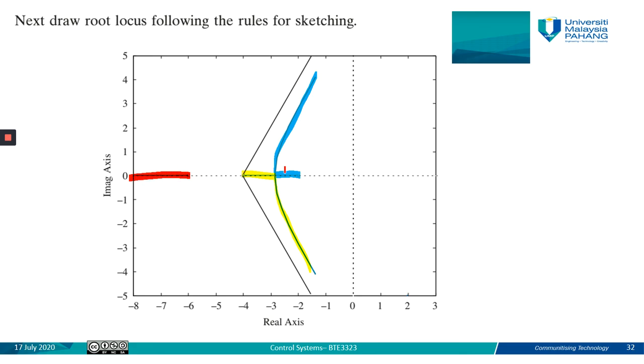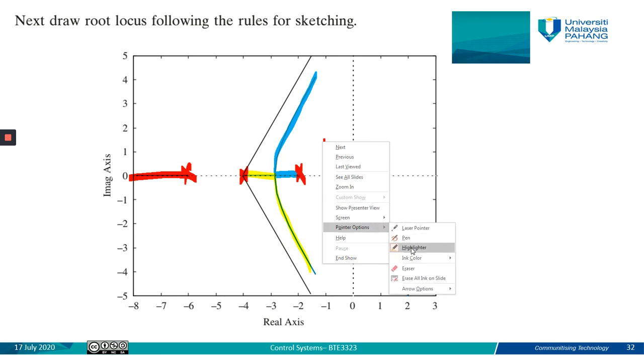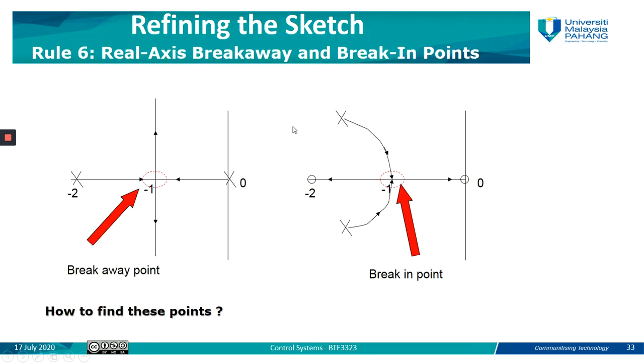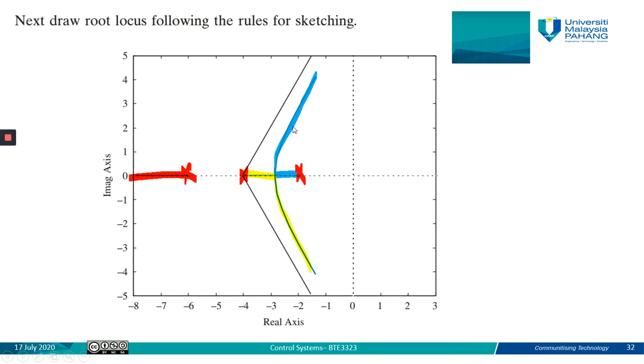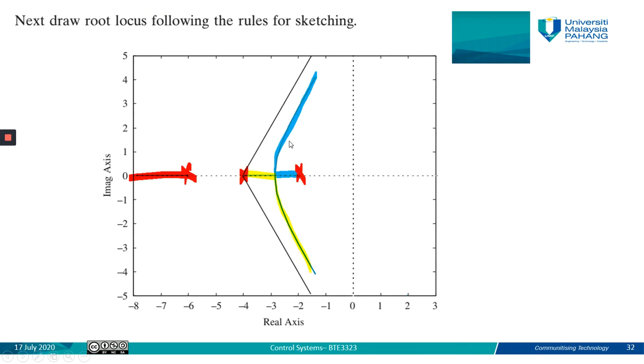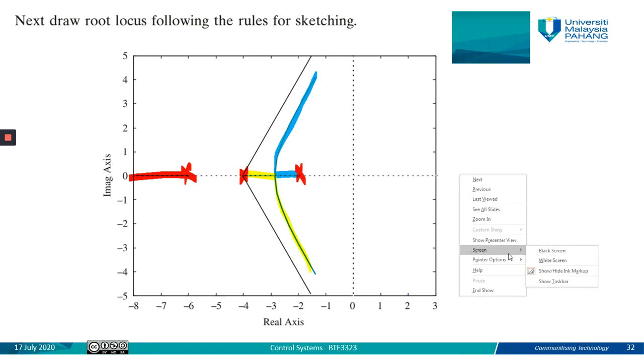So these are the three segments of our root locus, and they start at the poles and end at the zeros at infinity. We also have three lines for the asymptotes. This line is the first asymptote, this is the second asymptote, and the third asymptote is the one with the angle of 180.